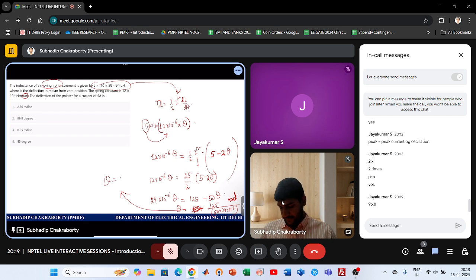Let us calculate. 125 divided by 50 plus 24 into 10 to the power minus 6. I am getting 2.5, right? Is there some problem?